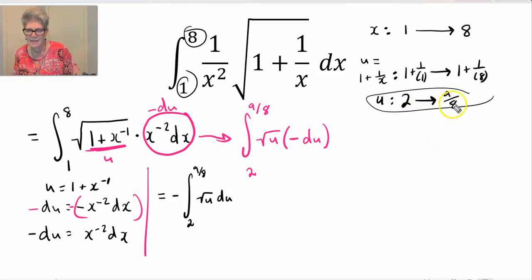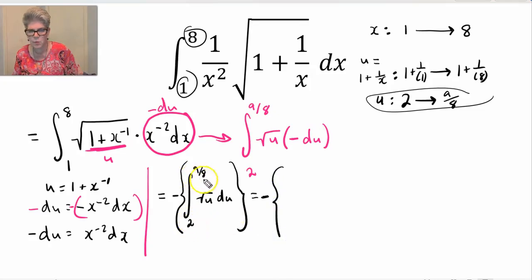Now, 9/8 is a smaller number than 2. So I've got the large number as my lower limit. I'm going to swap these limits. Now, when you swap the limits, the integral is negated. So I have the negative sign from the outside, and I'm going to swap these two limits around.